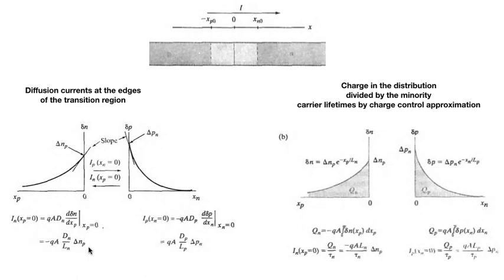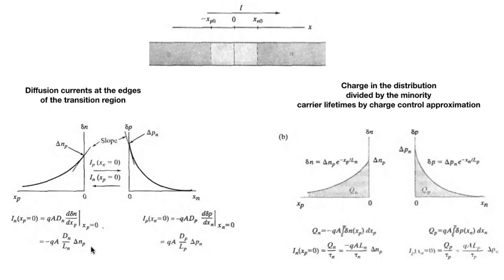Del NP is the concentration of minority carriers with respect to time. IPN is minus QA Dp times del P over del X.